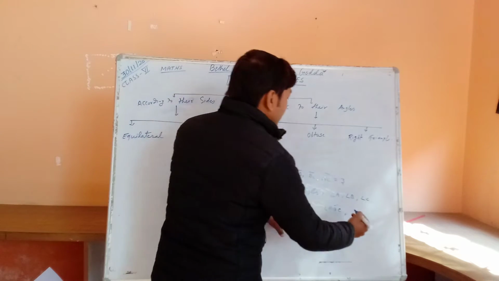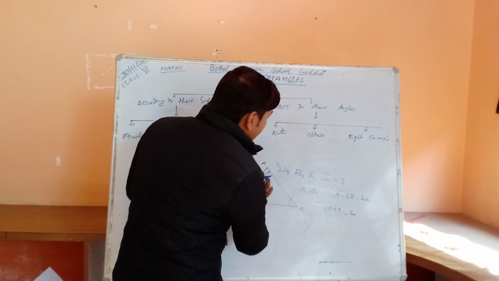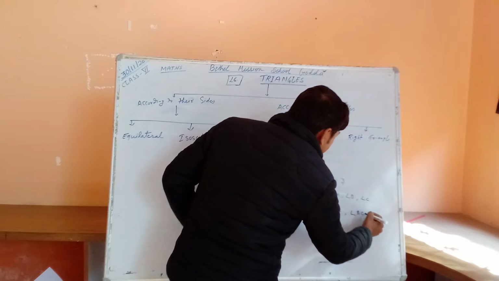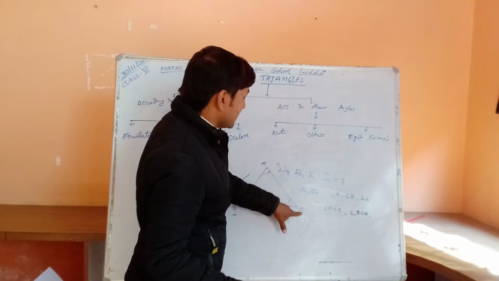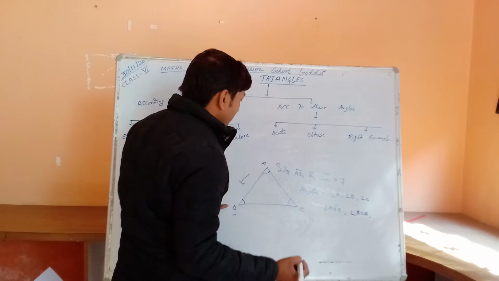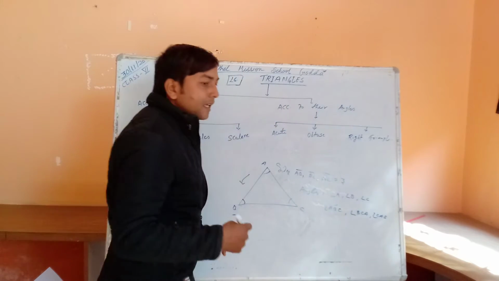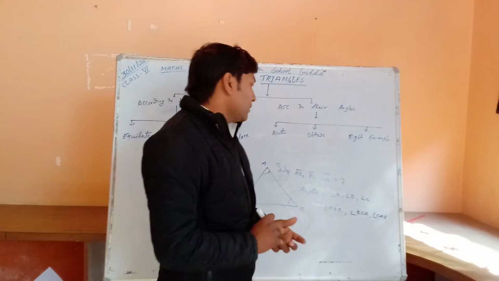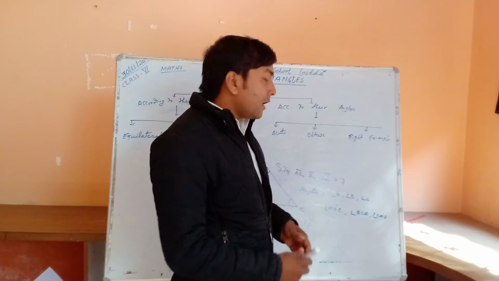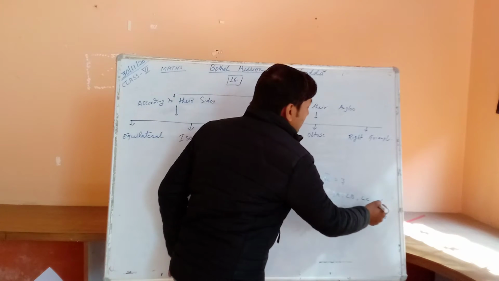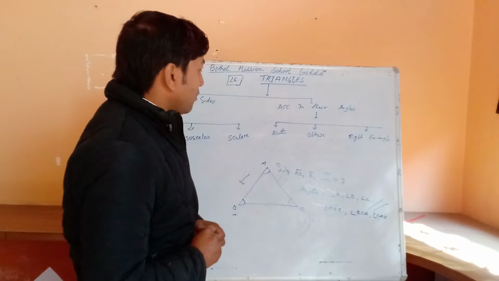Now for C, start from here: B, C, A. Or if we have to write A, then start from here: C, A, B. There are 2 ways to write an angle: angle ABC, or you can write it this way. Both are the same.